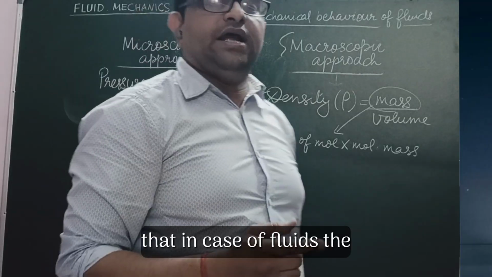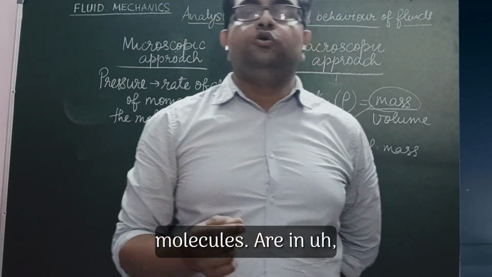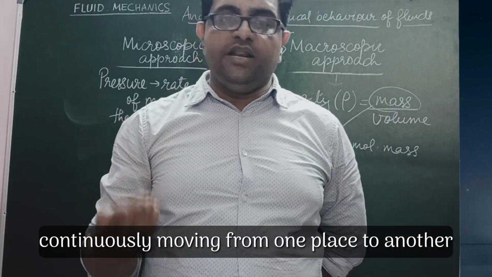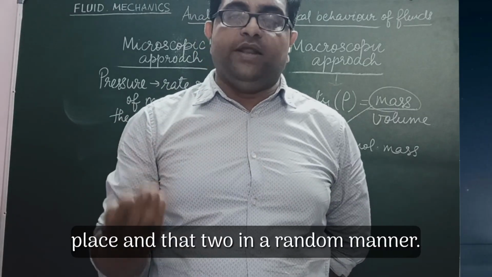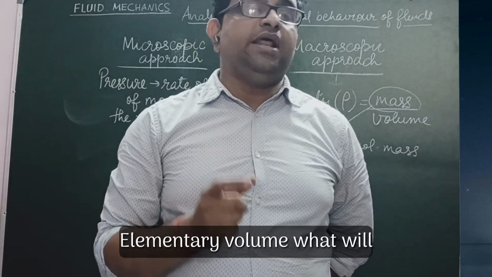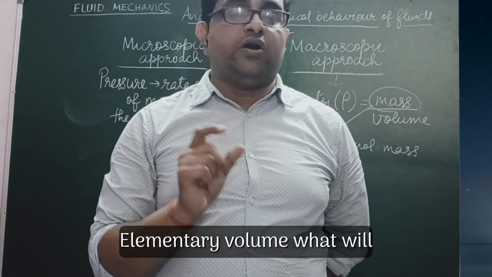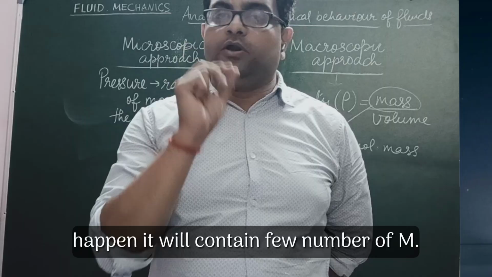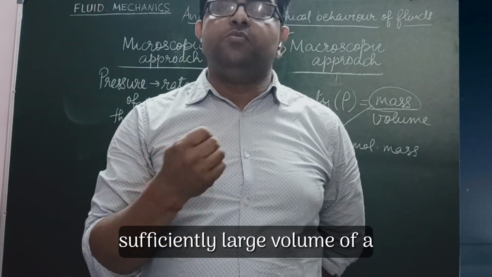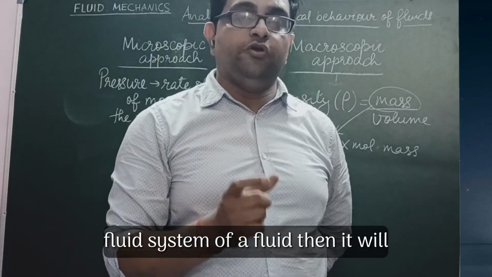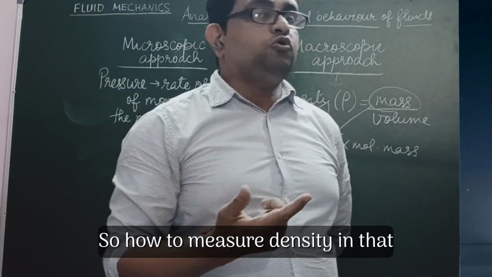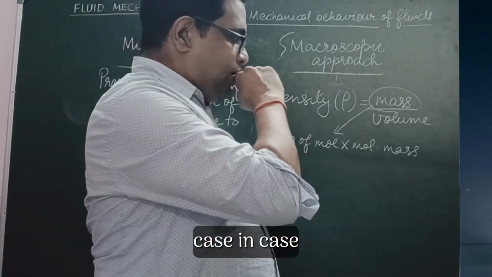But we know that in case of fluids, the molecules are in constant motion. They are continuously moving from one place to another, and that too in a random manner. Now, if we consider a very small elementary volume, it will contain a few molecules. If we consider a sufficiently large volume of fluid, it will contain a larger number of molecules. So how to measure density in that case?